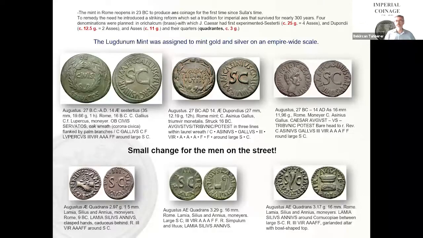He simply wanted to keep that business away from the Senate, and used a different mint away from Rome, and managed to keep that money-making business to himself.